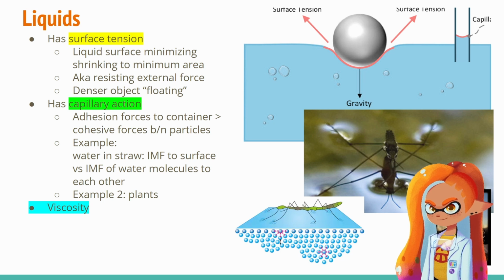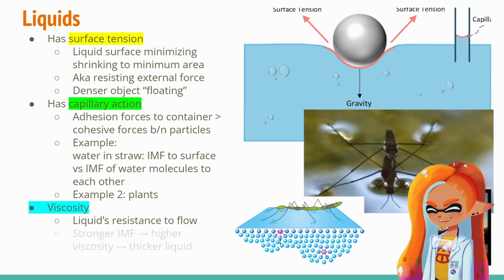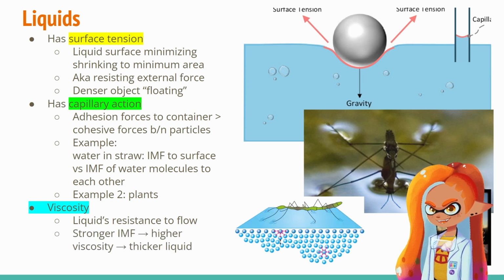The last liquid property you really need to know is viscosity. If you don't know what viscosity is, the definition is resistance to flow, specifically for liquids. If you have something that has really strong IMFs, then you have a higher viscosity. If you have a higher viscosity, meaning it will not flow very well, then that means you have a thicker liquid.